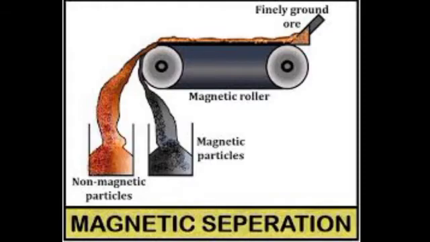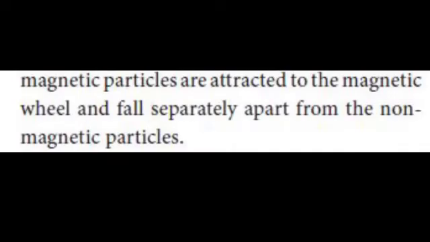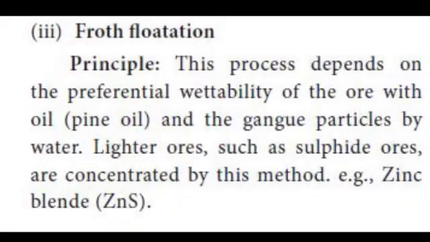This is the first metal wheel, second metal wheel, one of which is magnetic. That is the magnetic roller. Then the magnetic particles are attracted to the magnetic wheel and fall separately apart from the non-magnetic particles.